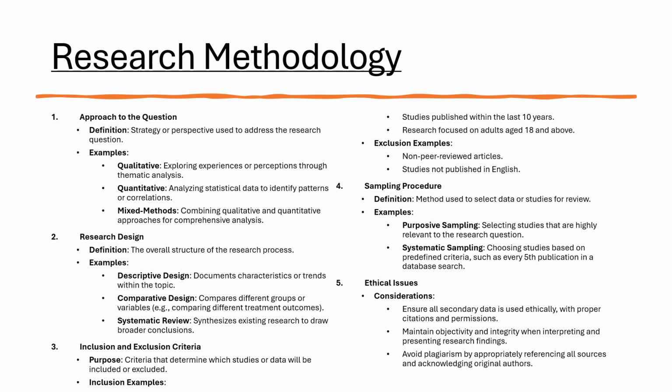Examples of inclusion are: published within the last 10 years, research focused on adults aged 18 and above. For example, if you are doing a clinical meta-analysis, you are looking for studies published within the last 10 years. You need to specify the publication years: 10 years, 5 years, or 6 years.